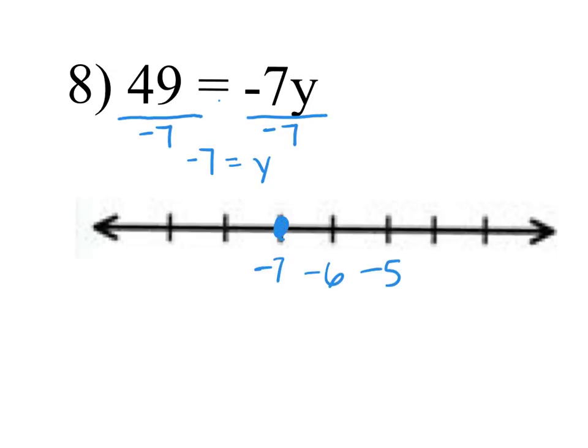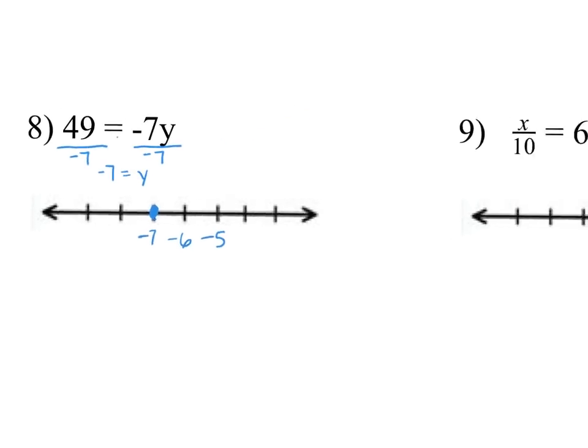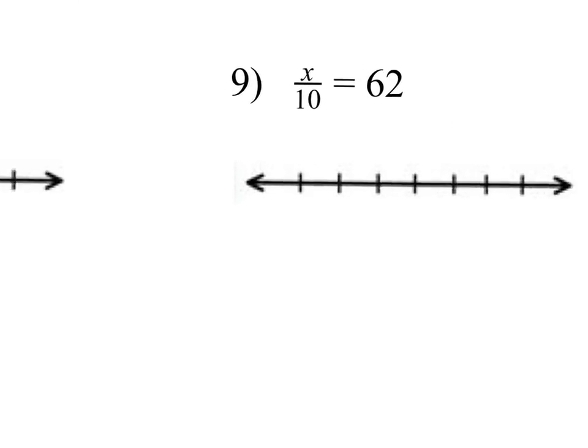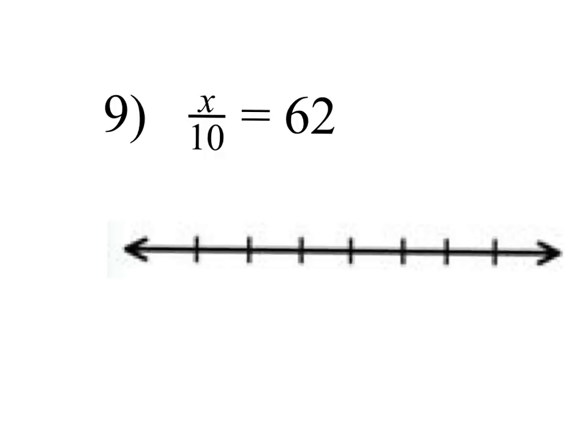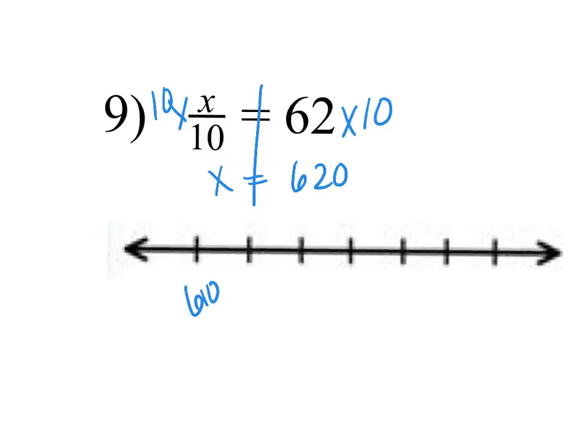We're going to say y equals that. Okay, our last one. It's dividing, so the opposite is to multiply. x equals 620, so we would say like 610, 620, 630, 640. We can put a closed dot on 620.